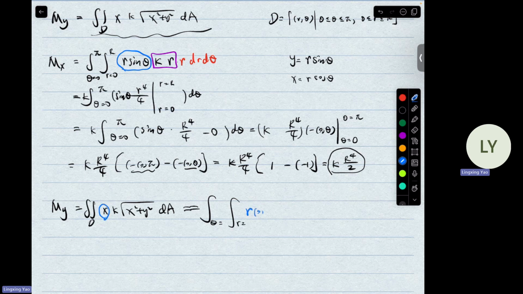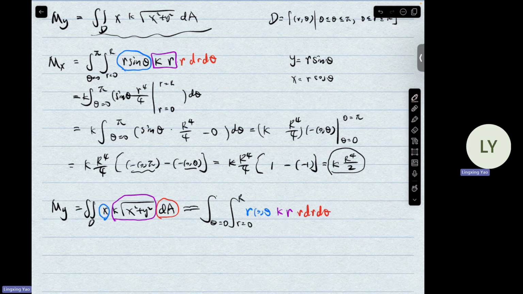We're going to write x in polar coordinates, which is r times cosine theta. We're going to write this density function into polar coordinates also, which is k times r. And then finally, the differential area is r times dr d theta. So now we have r between 0 and big R, theta between 0 and pi, and then we have everything we need to finish the calculation, right?